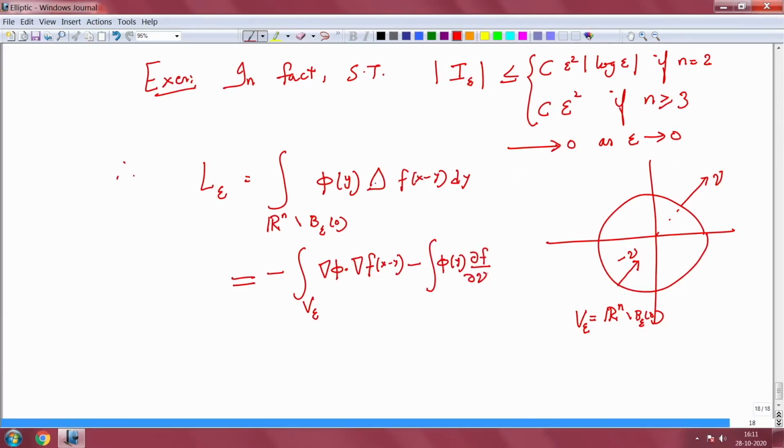Okay, d by d nu will be minus d by d nu, that is why this minus here, and that is on the ball of radius epsilon, that is the boundary. This is the surface integral dS y.